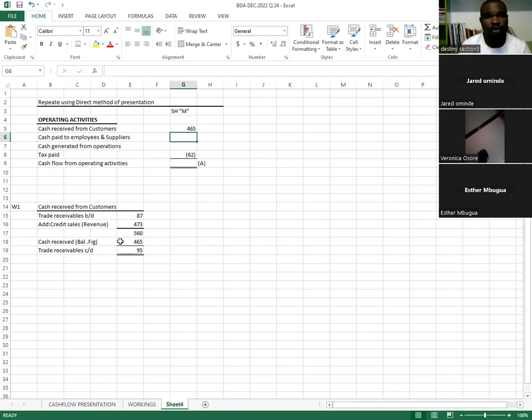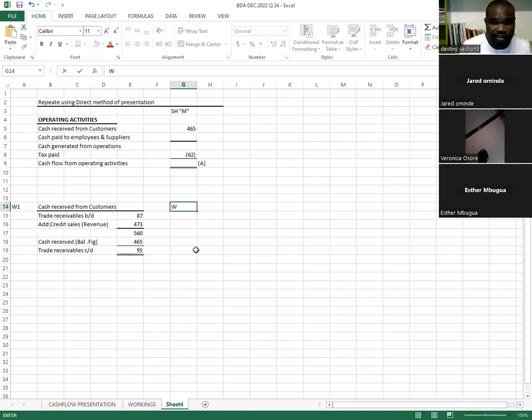We go to cash paid to employees and suppliers. So to determine the cash paid to employees and suppliers, what you're supposed to do, you reconcile for employees. Let me have here working two.